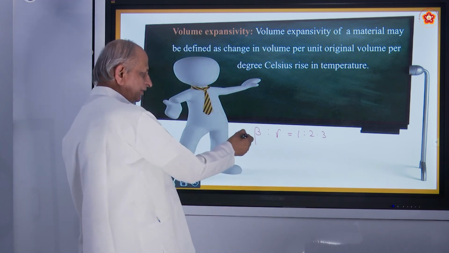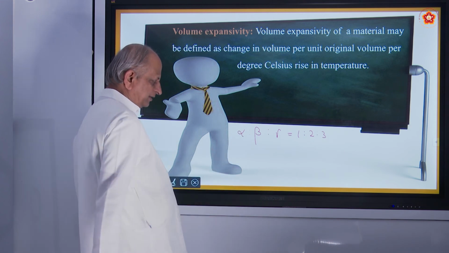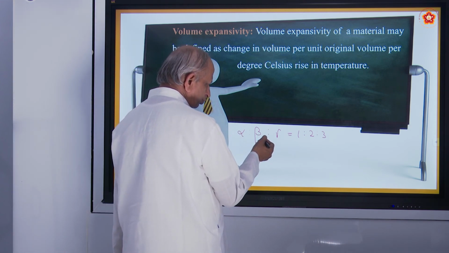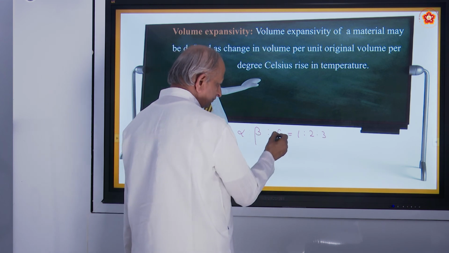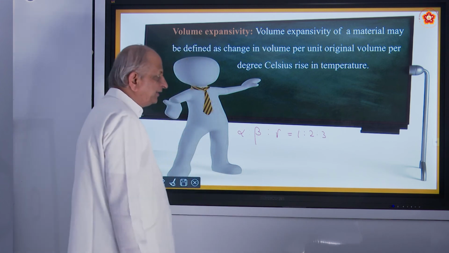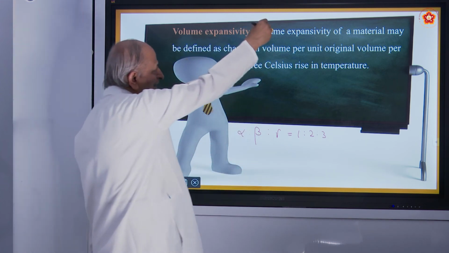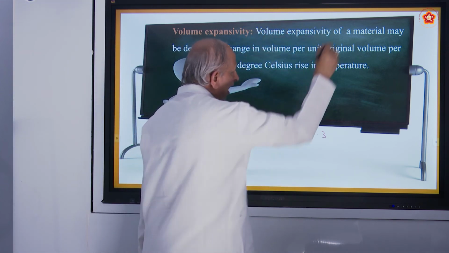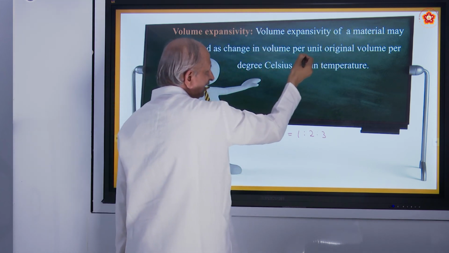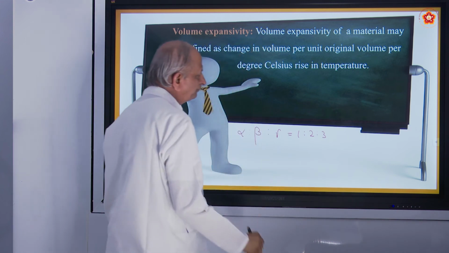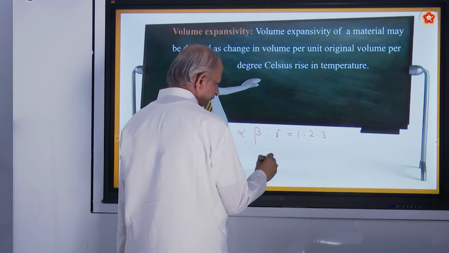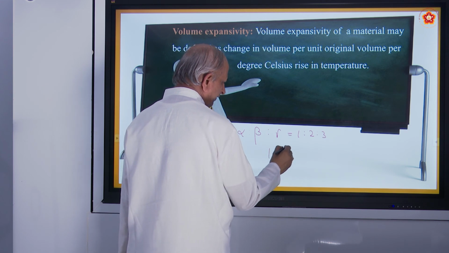So alpha is the coefficient of linear expansion. Beta is the coefficient of superficial expansion, area. Gamma is volume expansion. 1 is to 2 is to 3 in case of solids. So volume expansivity of a material may be defined as the change in volume per unit original volume. Suppose you have a 1 meter cube of a cube.